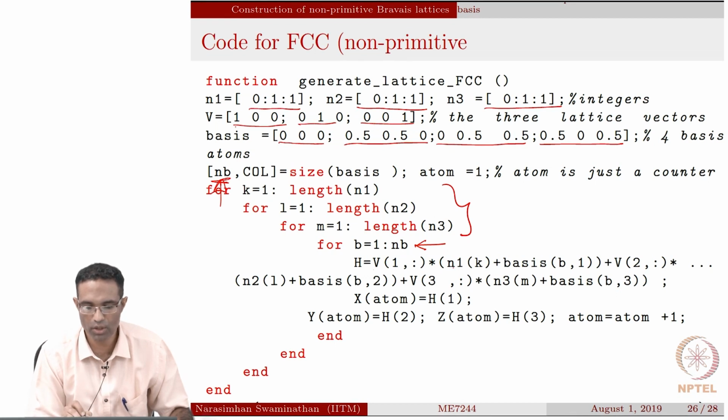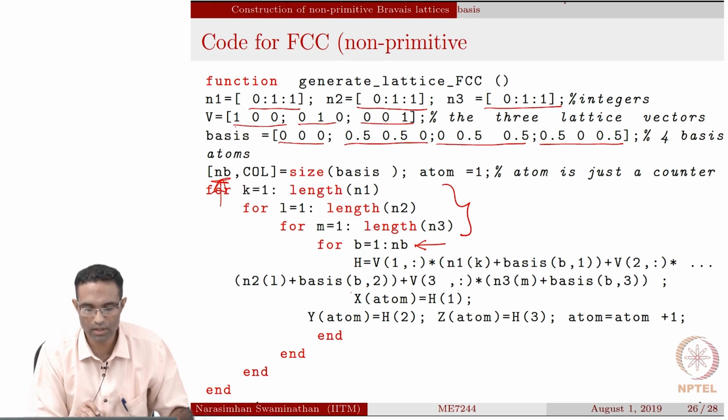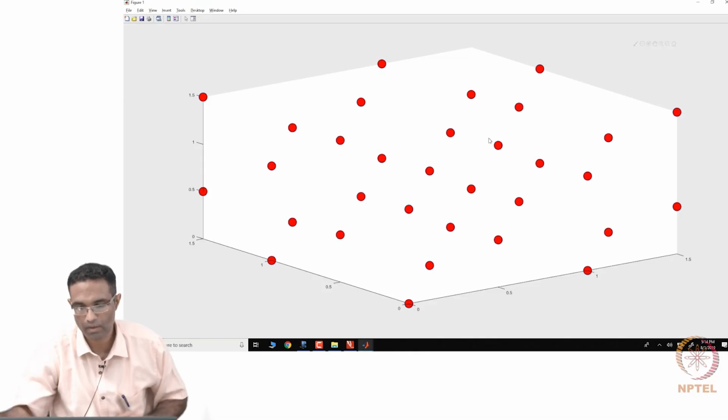So H equal to the first vector times N1, which is basically an integer, plus the basis V2 times the second integer, plus the basis V3 times the third integer, and the x coordinate will be H1, y coordinate is H2 and z coordinate will be H3, and there is an increment for the atom number. So once you run this code, you will actually be generating a crystal.